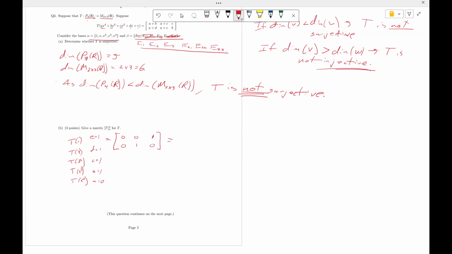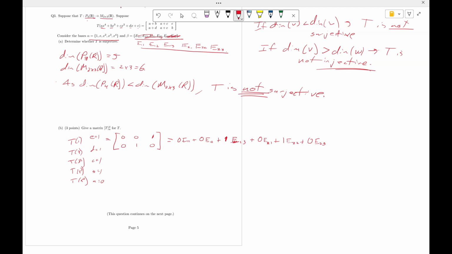And now this becomes 0 e11 plus 0 e12 plus 1 e13 plus 0 e21 plus 1 e22 plus 0 e23.